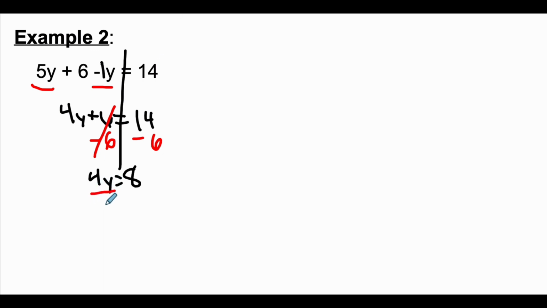The inverse is to divide by 4. And whatever you do to one side, you do to the other. So in final steps here, I've got 8 divided by 4 is 2. And that's that.